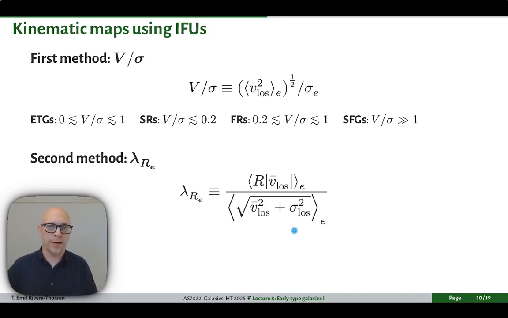And in the bottom, we have this method here that's called lambda RE, which is this thing here. That's the definition of it. You can look more into it in the course book.